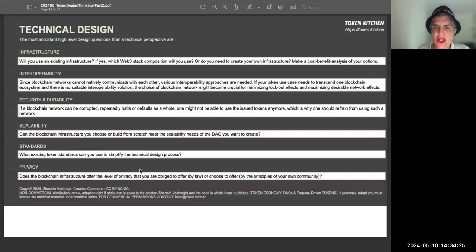And what you're obliged to do is different by law, and is different to what you choose to offer or create by your personal principles or principles of your community.